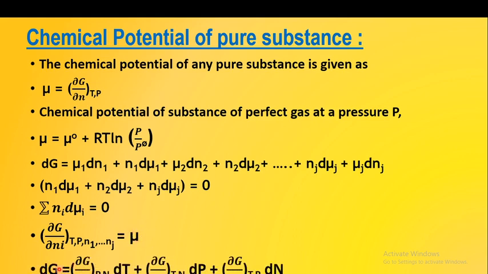Therefore, by substituting the value of mu1 into the equation, dG is equal to dG upon dT at constant pressure and number of moles into dT, plus dG upon dP at constant temperature and number of moles into dP, plus dG upon dn at constant temperature and pressure into dn.